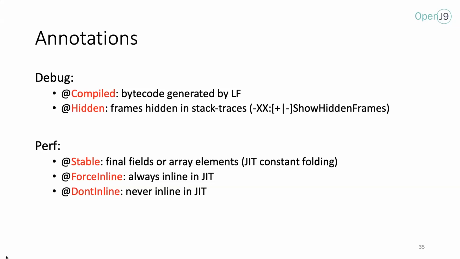So these annotations are used in the OpenJDK implementation, and we need to be aware of them in order to better debug or understand the perf, or better debug functional issues, or better debug perf issues.